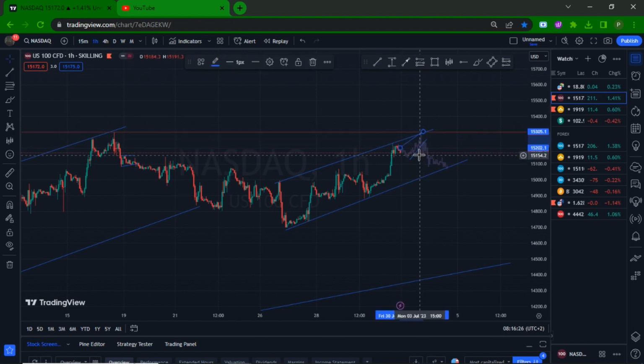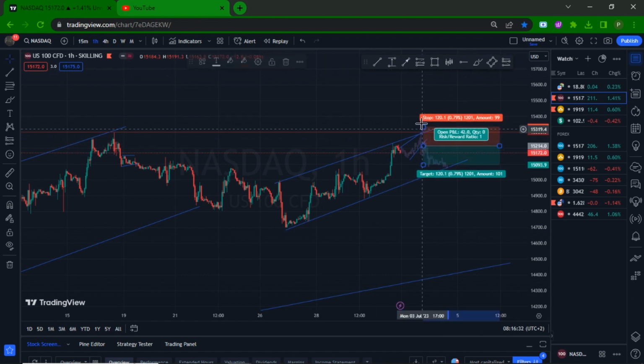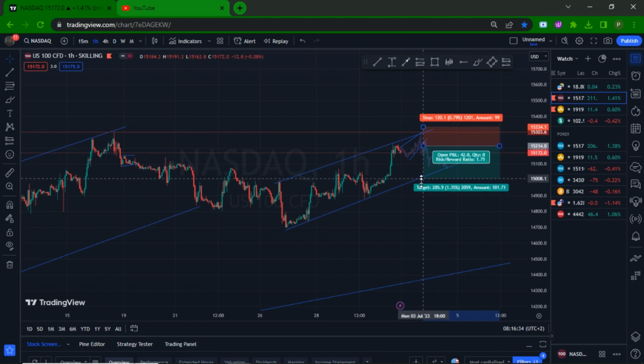Now we have another ascending channel, and then we have our entries around here. Then we're aiming at this first target, which is going to give us 4% already. We're aiming at 3%, so 4% is definitely what we're looking forward to take. And if we hold much longer, we're getting almost 7%, right?